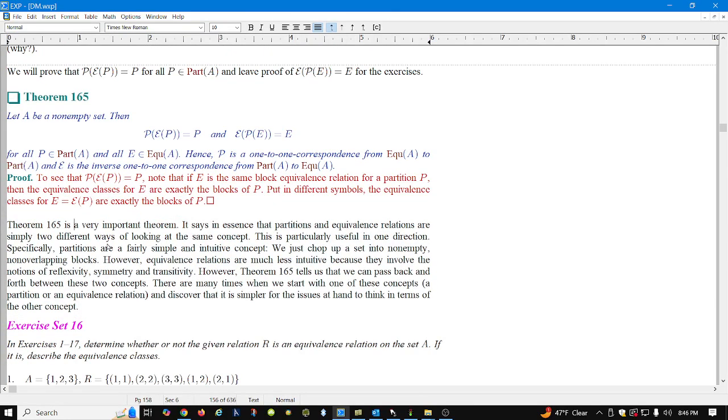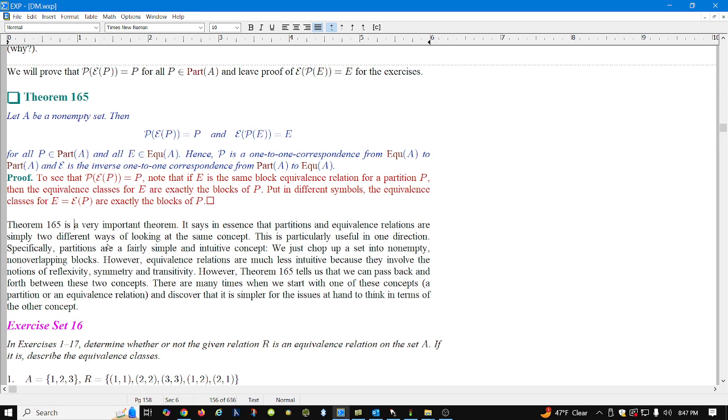And there are times when we want to start with either one of these and decide that we're not making any headway. We should think, well, maybe we're looking at this from the wrong point of view. I have a partition, maybe we should be looking at the equivalence relation defined by the partition, the same block equivalence relation, or maybe I have an equivalence relation and I should be looking at that as a partition. I think that's probably the more common direction to go.